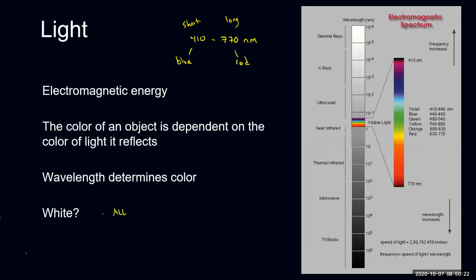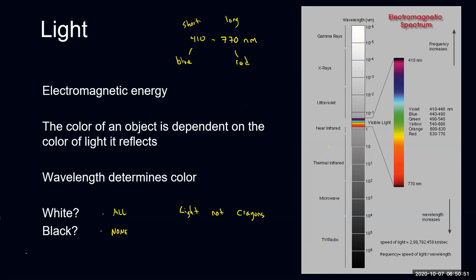So if we have all the wavelengths together, all the light together, we get white. How about black? Black is what we perceive when there are none. The book talks a little bit about this. I'm not going to go into detail about it. We're talking about light, not crayons.